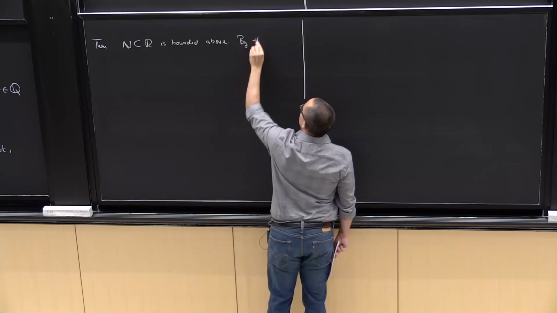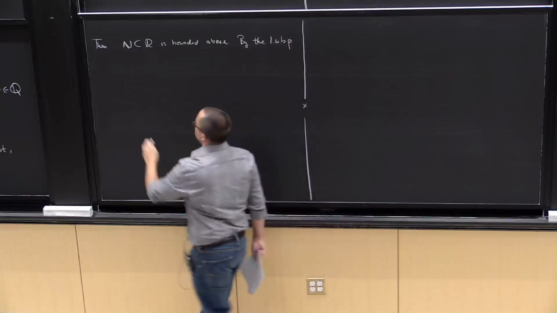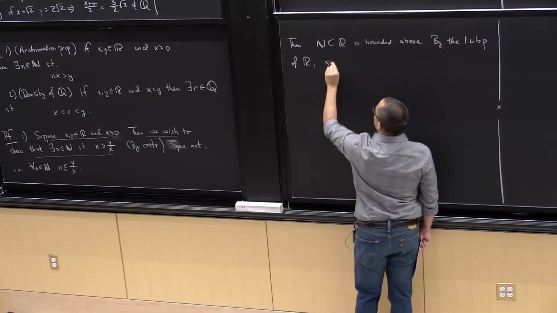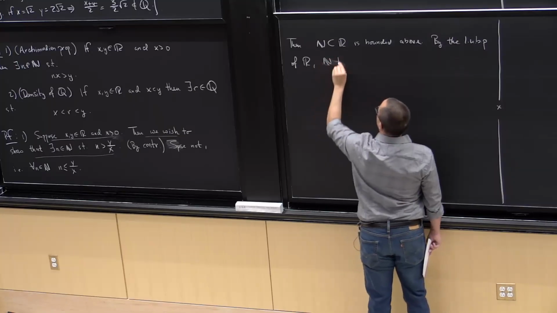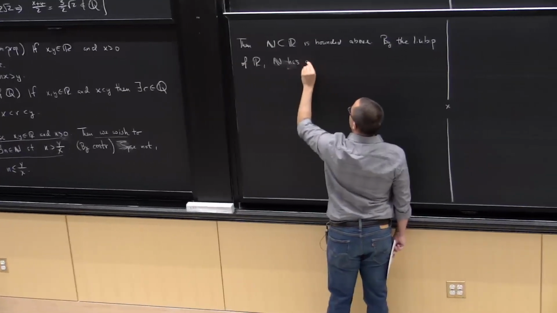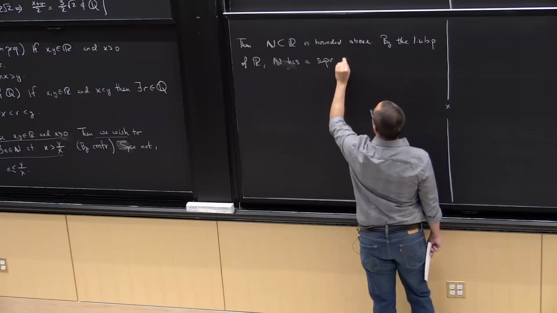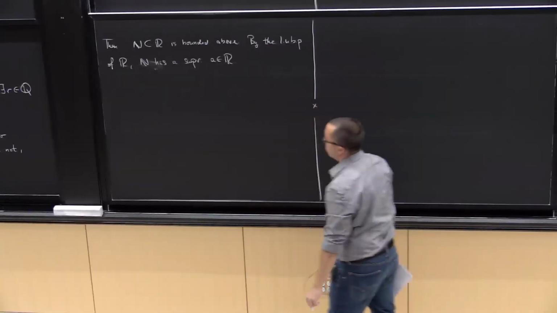So by the least upper bound property of R, N has a supremum, call it A in R.